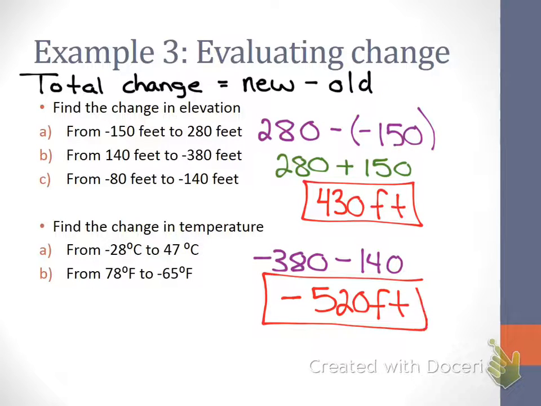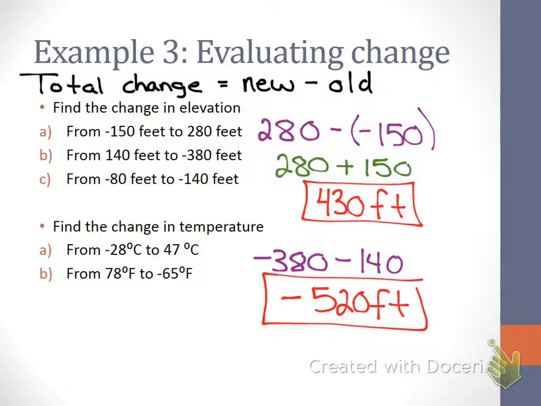All right, let's do the third one. I want you to try to do the third one now. New minus the old, okay? So I'm going from negative 80 feet to negative 140 feet. Try to find the change in elevation for C. So we start off new minus old.